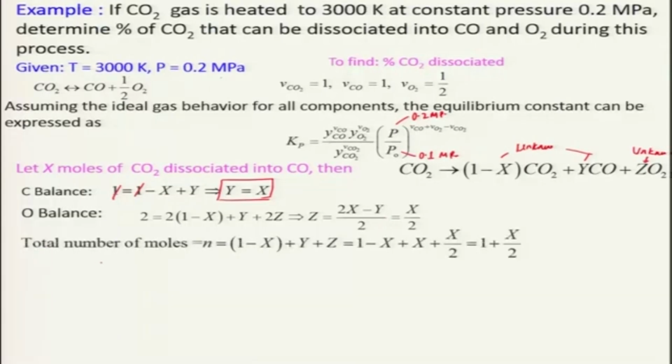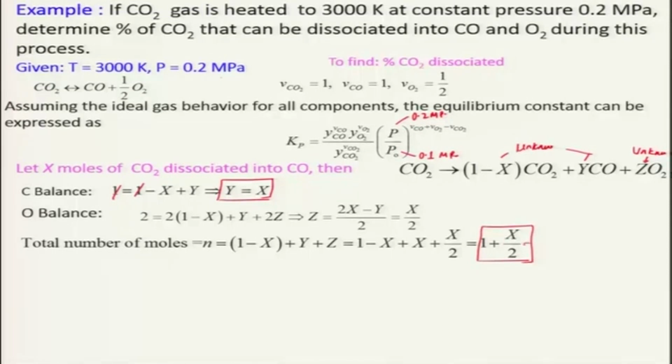And you should check the total number of moles, because that is important to check whether you have done it right or not. You will find the total number of moles is 1 minus x plus y plus z, and that happens to be 1 plus x by 2.